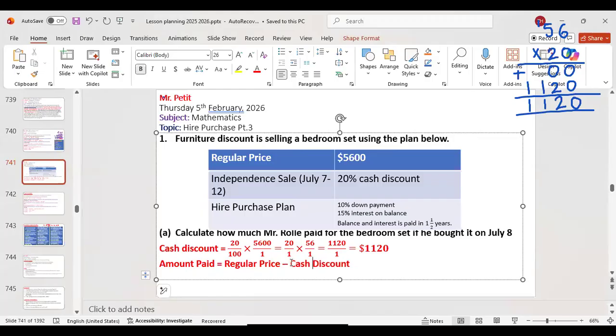So the amount paid is going to be the regular price, which is 5,600, minus the cash discount, 1,120. Very good. And when we subtract them, what do we get?